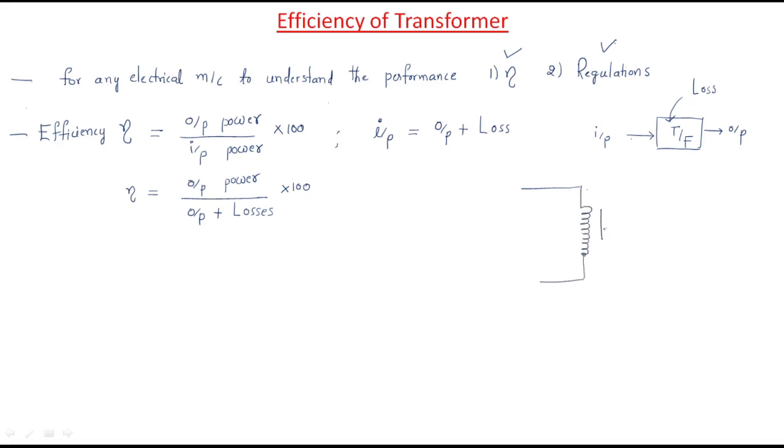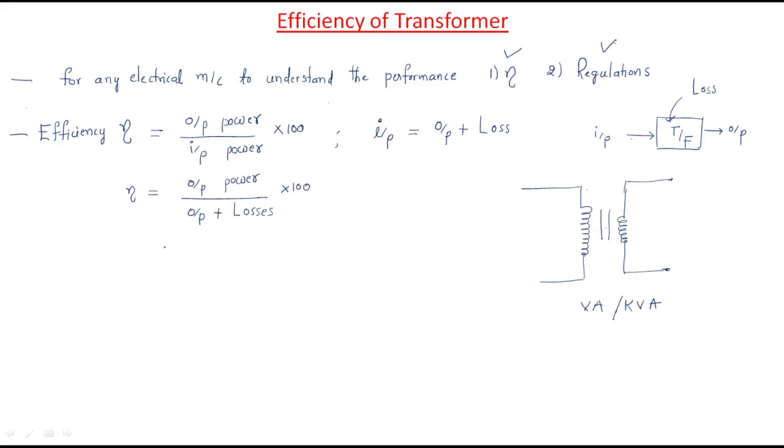This is the primary winding of the transformer, and I consider a step down transformer; you can also take a step up transformer. Generally, transformer rating is represented in VA or kVA, for the primary input or the secondary output. This is the primary winding and the secondary winding.